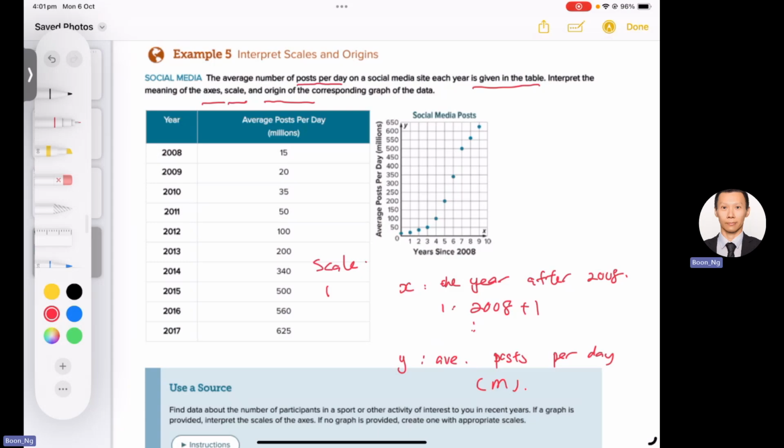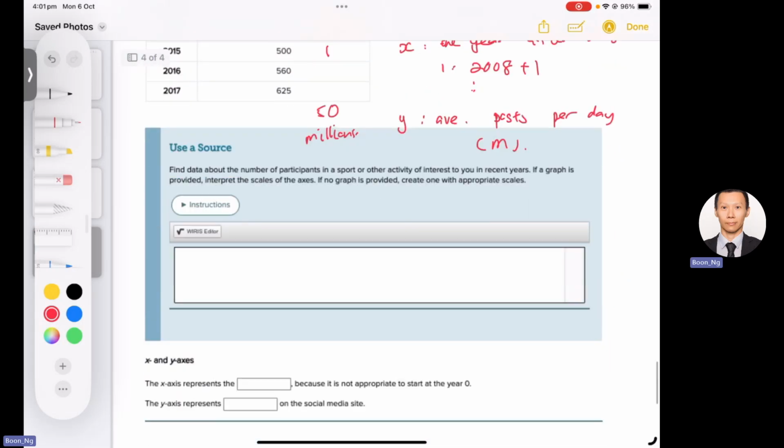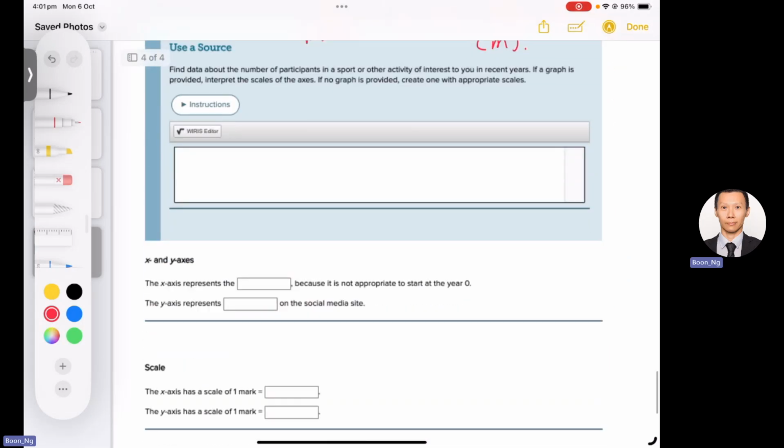The scale for Y will be 50 million for each scale.